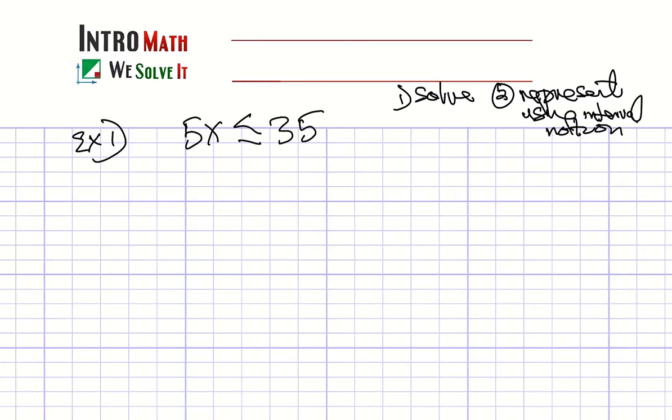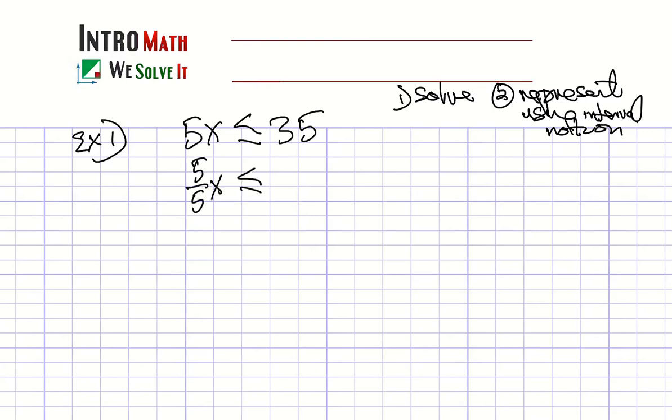Alright, so what do we do with that? Remember, we're trying to solve for x. In this case, we'll solve for x. We divide both sides by 5. It will be 5x over 5 and 35 over 5.